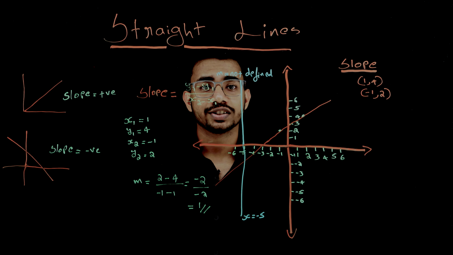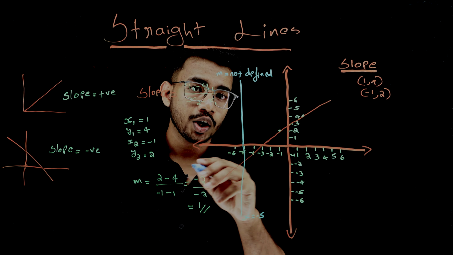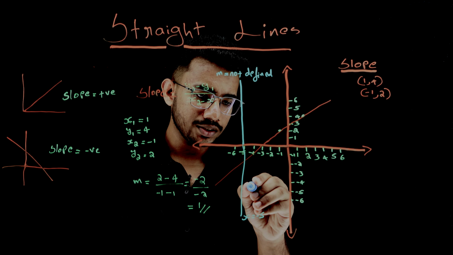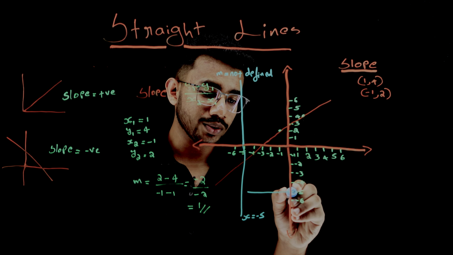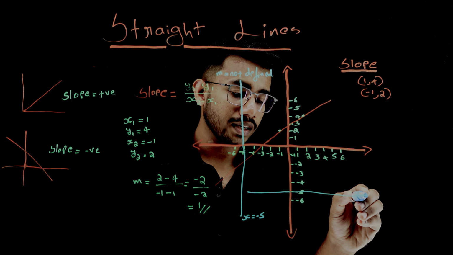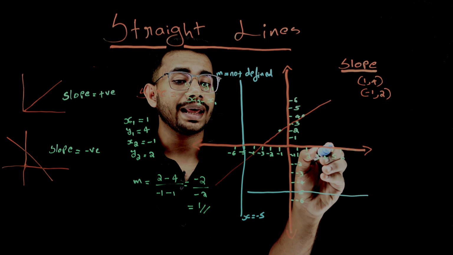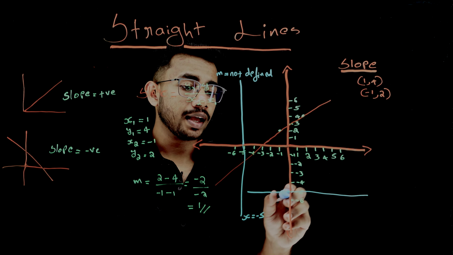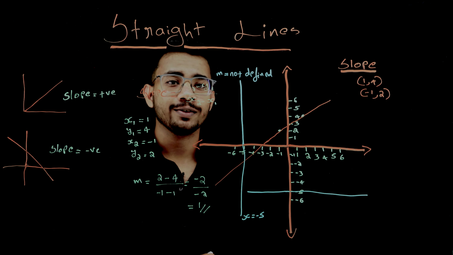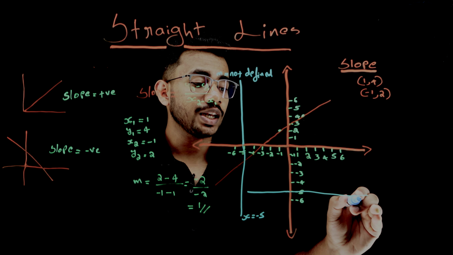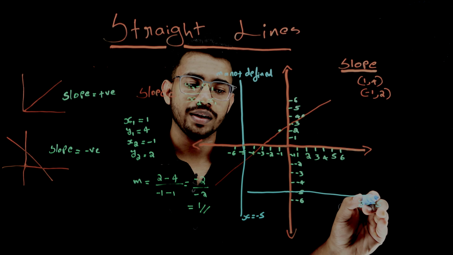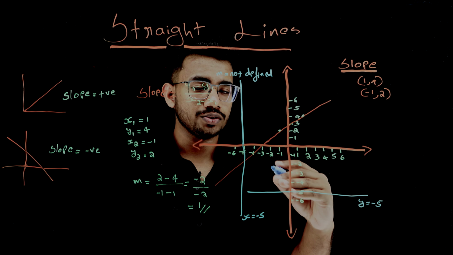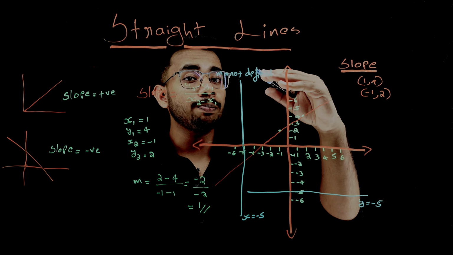Now moving on to the next case, the line which is horizontal. Let's say it is passing through y = -5 and is horizontal, parallel to the x-axis. And here, what is the y value? The y value here is always -5. Why? Because for the y value to change, it has to go up or down.